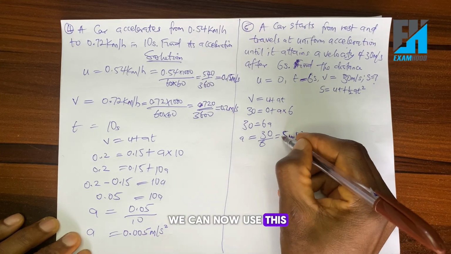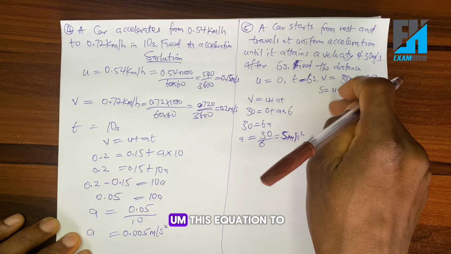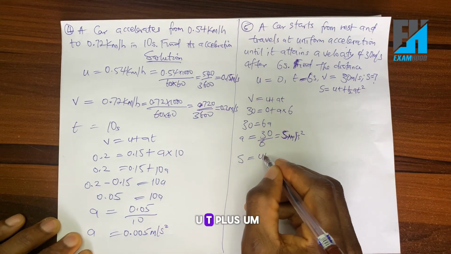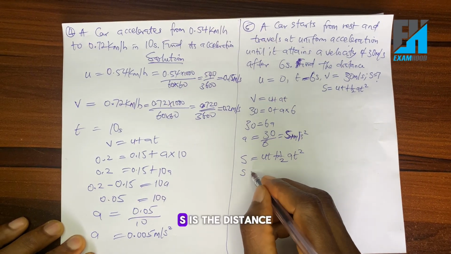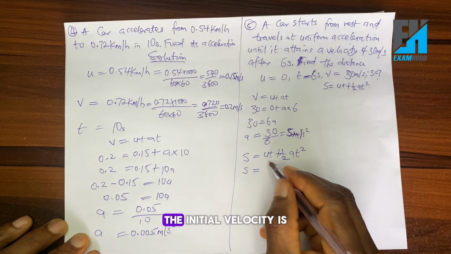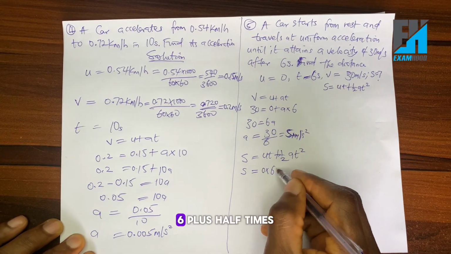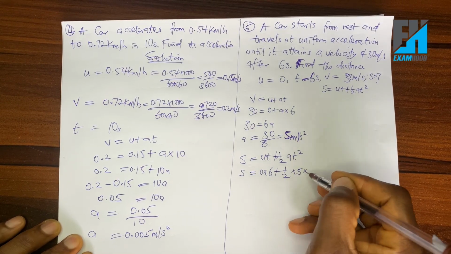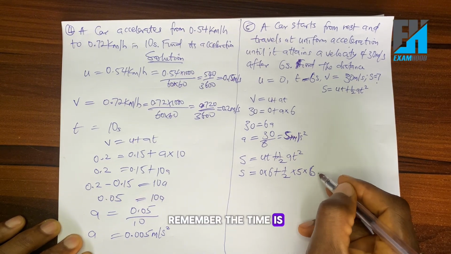So we can now use the acceleration we have gotten in this equation to find the distance. S is equal to ut plus half at squared. S is the distance we are looking for. The initial velocity is 0 times the time 6 plus half times the acceleration 5 and the time 6 squared.